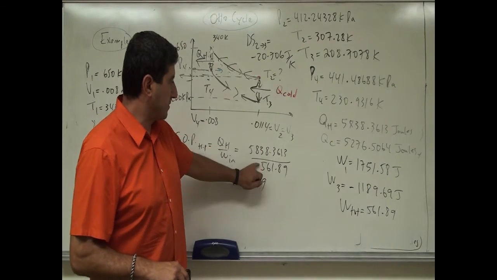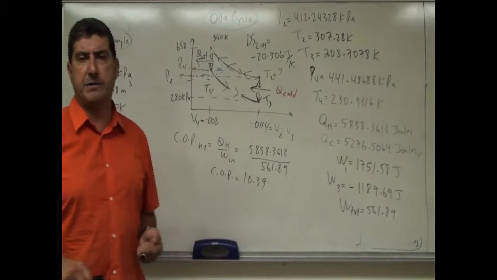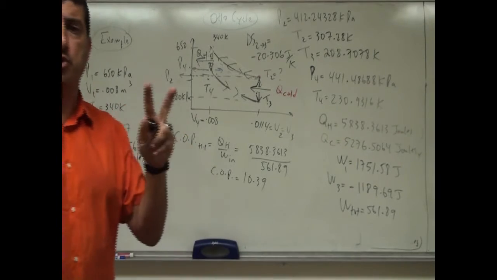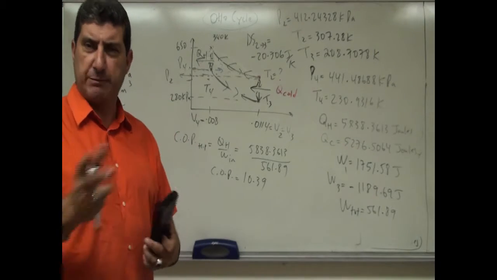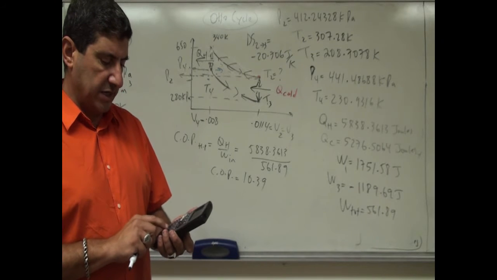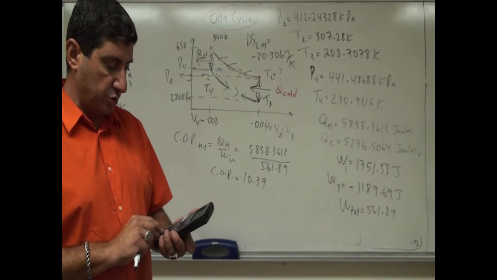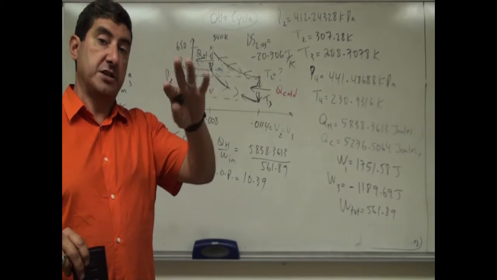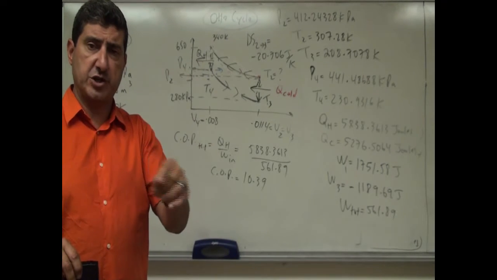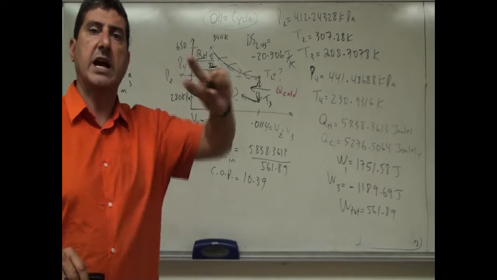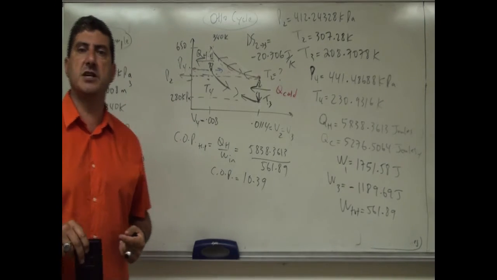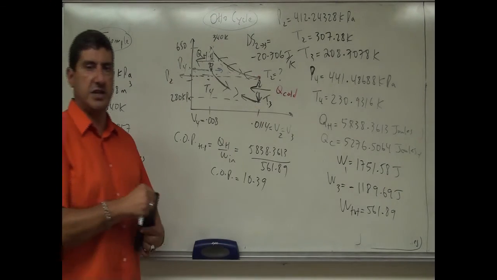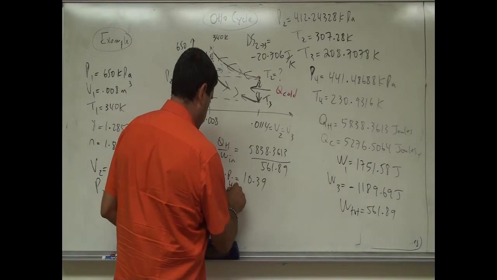So you could just take the efficiency of the engine, which was 9.62%, 1 divided by 0.0962, and you would get 10.39. So just forget the percentage portion of the efficiency, express it as a decimal, and then invert the efficiency of the heat engine, and you get the COP of the heating mode.